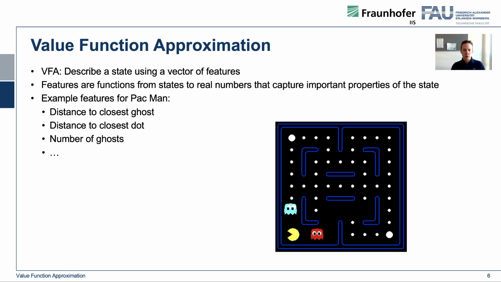Just to give you one more motivation, the basic idea to solve the incoming problem of Pac-Man is that, given some state information, we first need to derive a number of features.